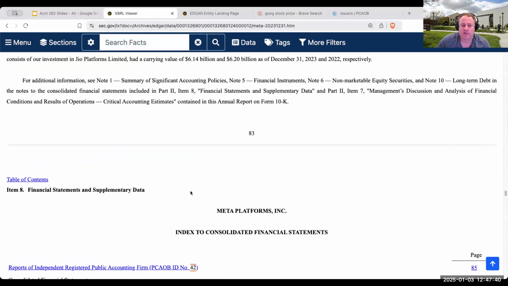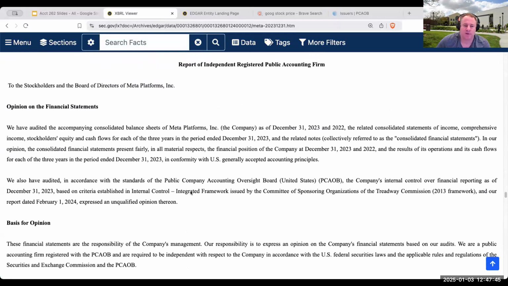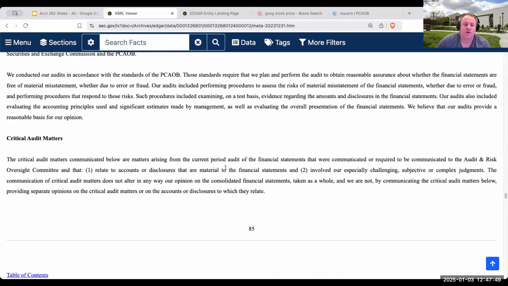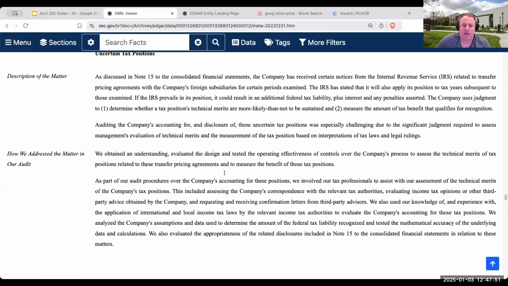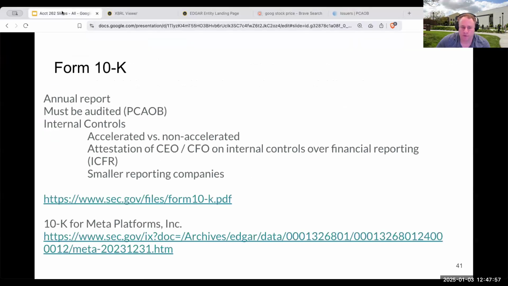The first thing you're going to see, if I go to item 8, I'm going to basically say, look right over here to the stockholders and board of directors of Meta Platforms. You come down over here and you look at signed by Ernst and Young. So when you go through, these have to be audited, right? Has to be audited, right? For an annual report, it requires that it has to go through an audit.